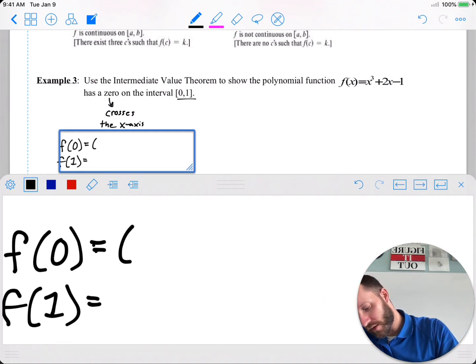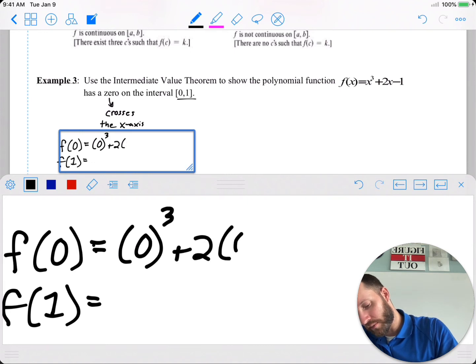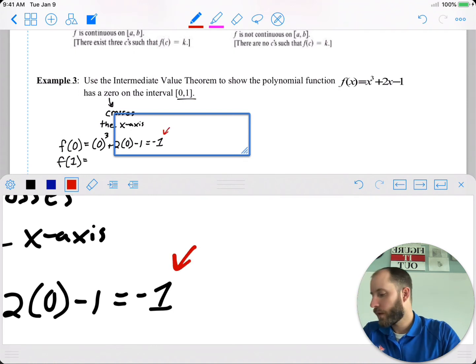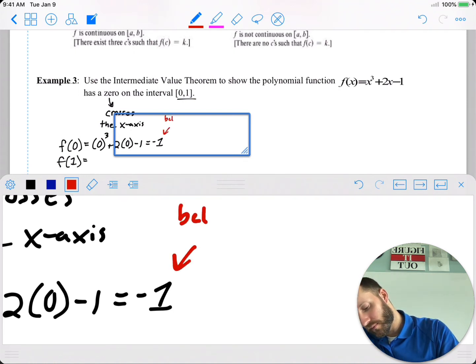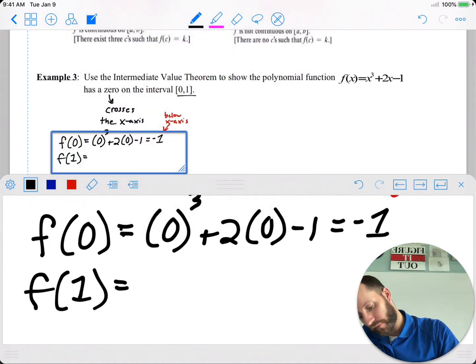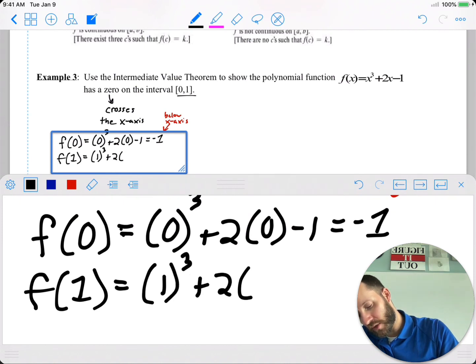So plugging in 0, 0 cubed plus 2 times 0 minus 1, we get negative 1, which is below the x-axis. So on our interval, we're starting below the x-axis. If we plug in 1, so 1 cubed plus 2 times 1 minus 1, we get 2.